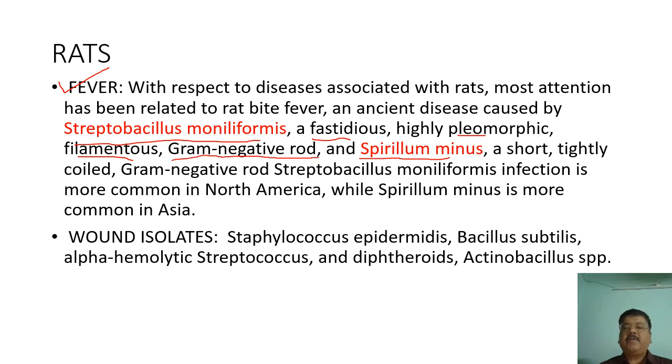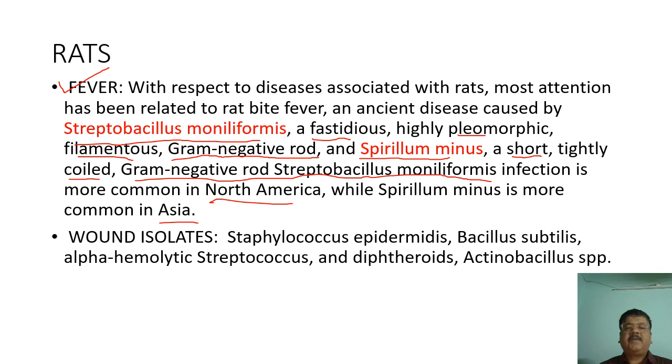Spirillum minus is a short, slightly curved gram-negative rod. Streptobacillus moniliformis is more common in North America, whereas Spirillum minus is more common in Asia. So that is rat bite fever.